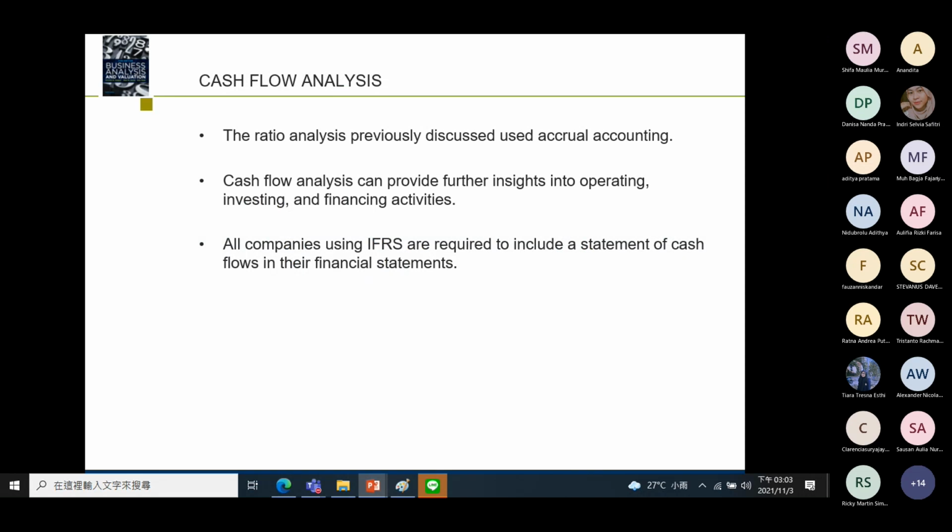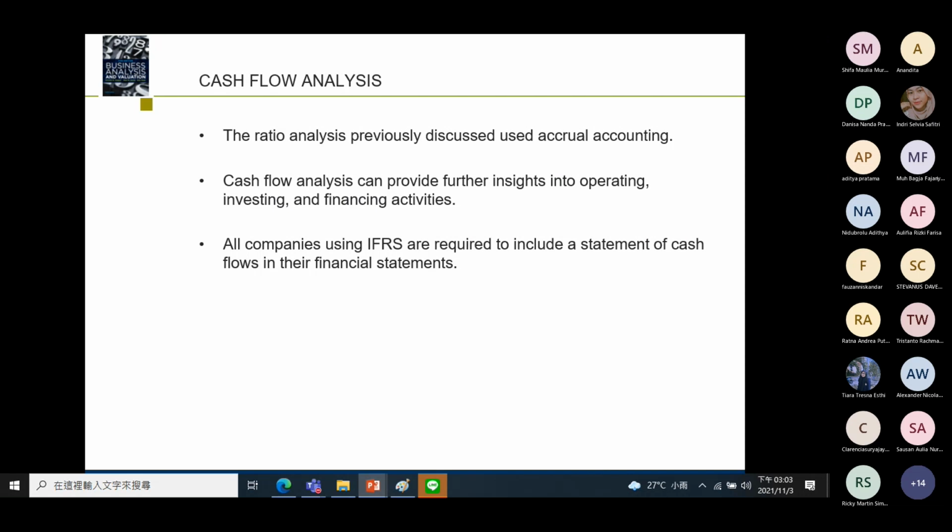Cash flow analysis. The ratio analysis discussion focused on analyzing a firm's income statement or its balance sheet. The analyst can get further insights into a firm's operating, investing, and financing policies by examining its cash flows.